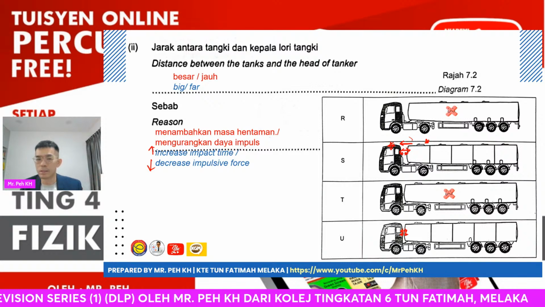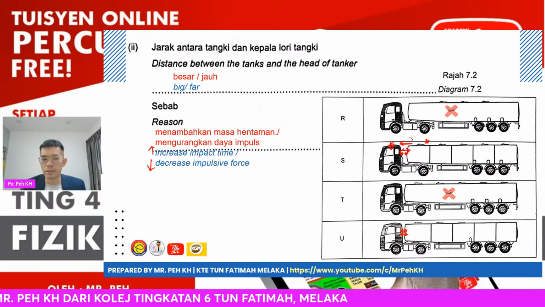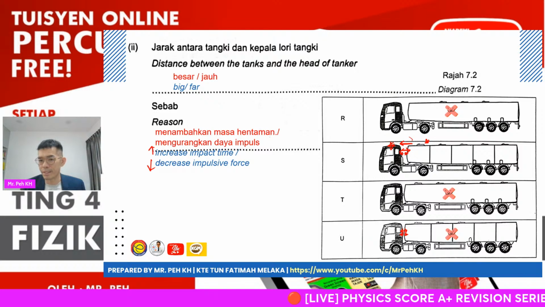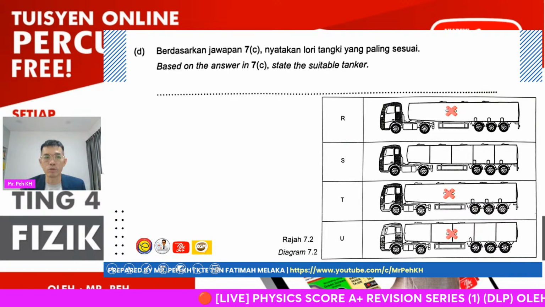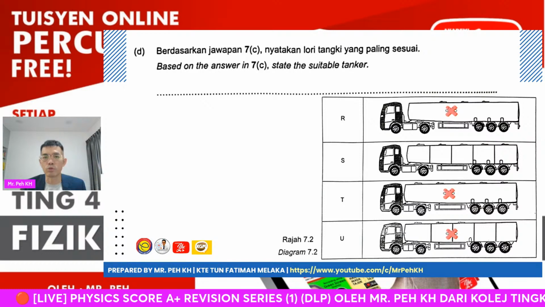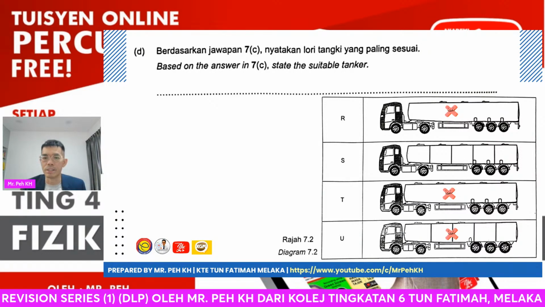So the force applied at the head of the tanker will be smaller. Then we are sure that option U is also out. We are left with S. So the last question will be based on the answer in 7C, to select a suitable tanker. So here the tanker will be S.